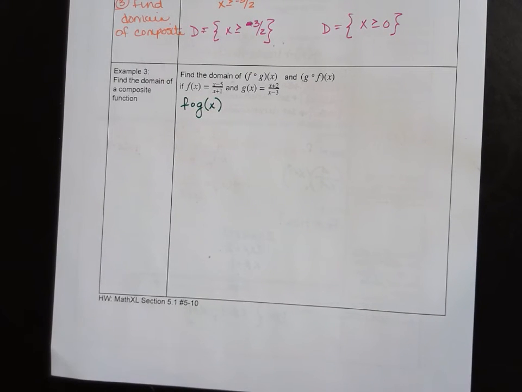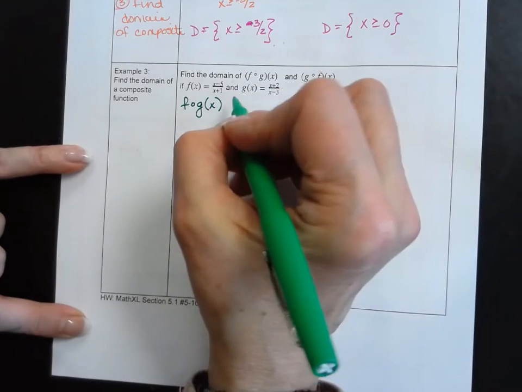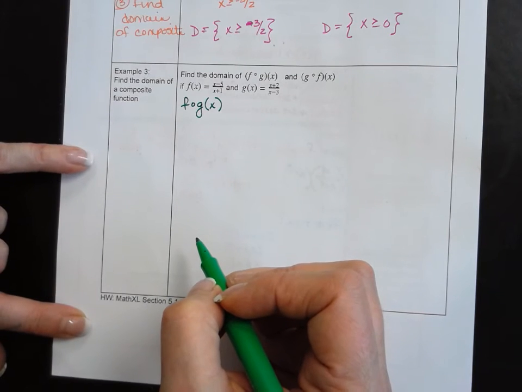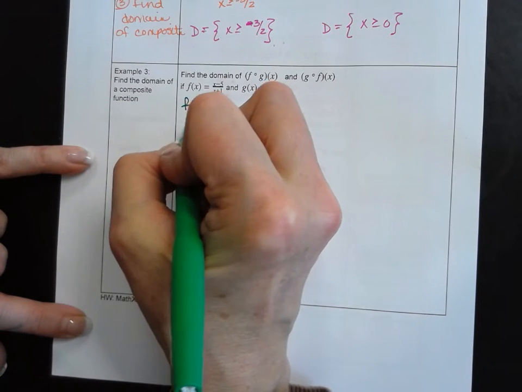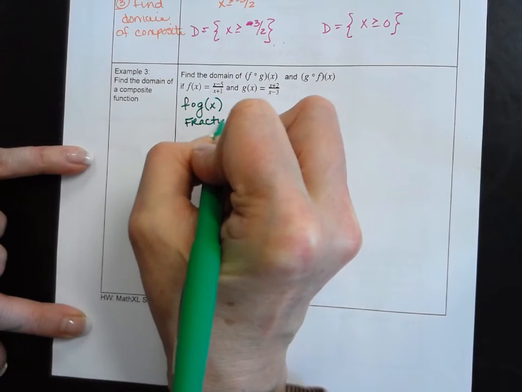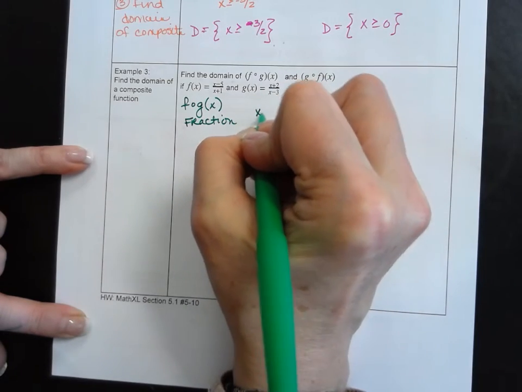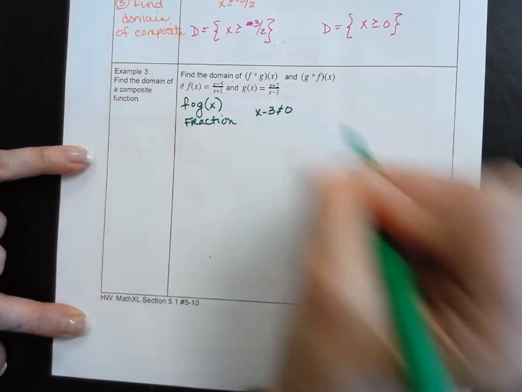All right, so what's my inside function? G, absolutely. So, do I have a fraction? Yes. So that means x minus 3 cannot be 0.